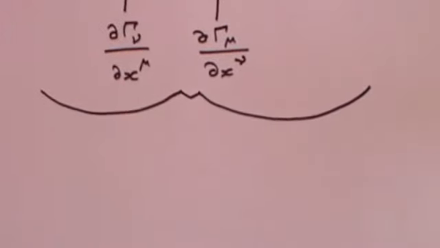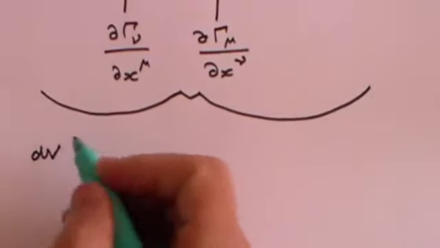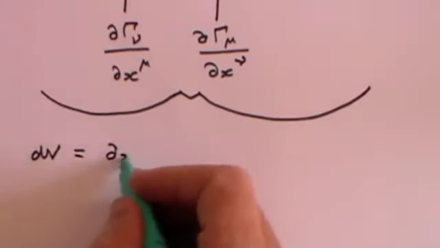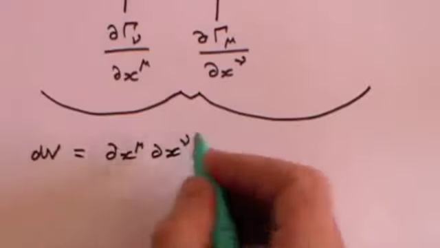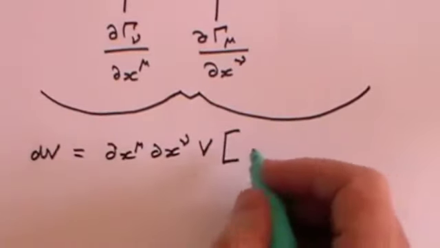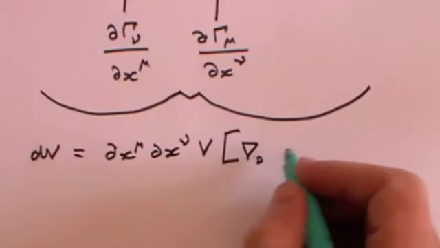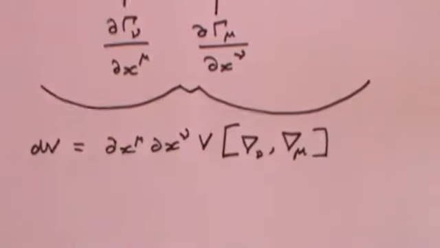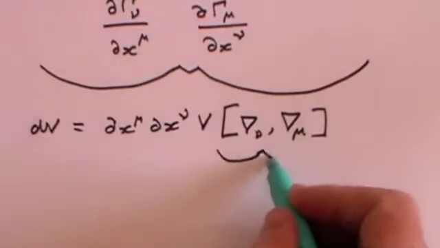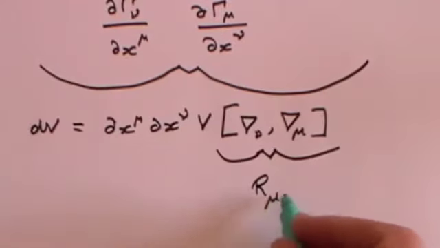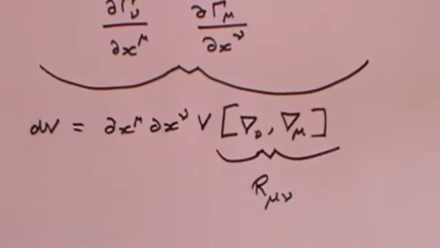So what we've just shown is that the change in the vector, remember the angle of the vector rather than the length, is equal to dx mu dx nu times v times the commutator of covariant nu covariant mu, and that term we said was the Riemann tensor, but for our purposes it's also the Ricci tensor.